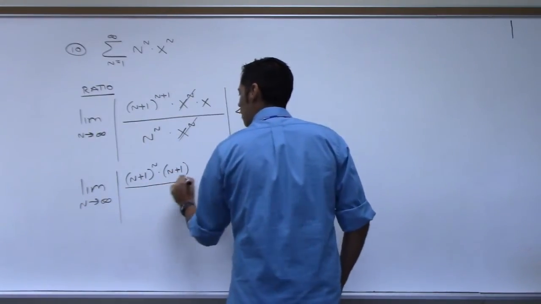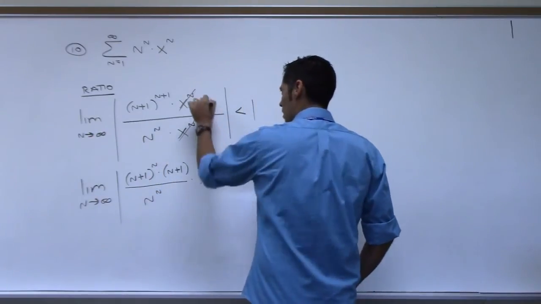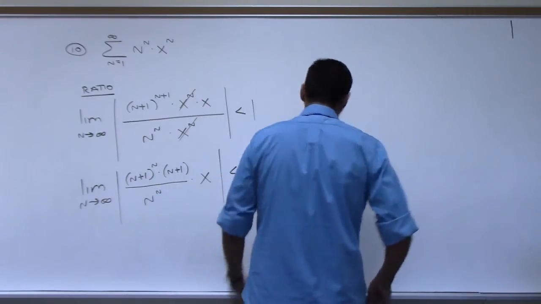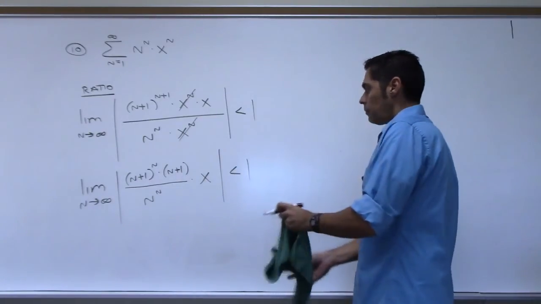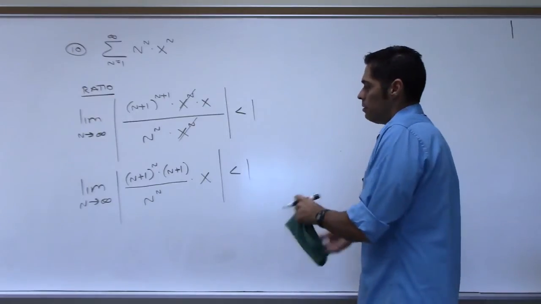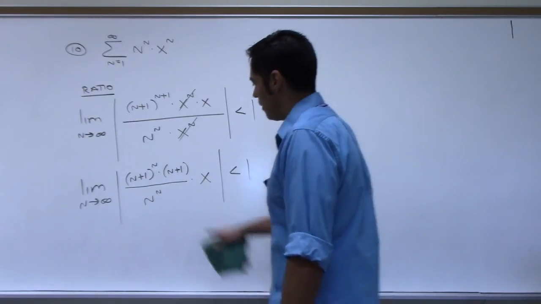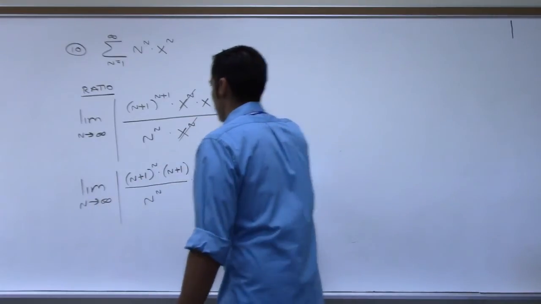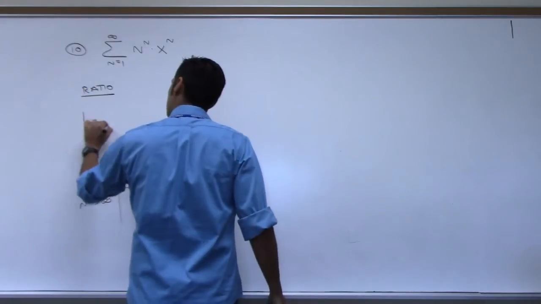And then over n to the n, and then times x, because I had that x there. I need that less than 1. And so if I let n go to infinity here, I've got infinity over infinity, but L'Hopital's rule is not as clean there. So let me rewrite that a little bit, make it a little easier to work with.